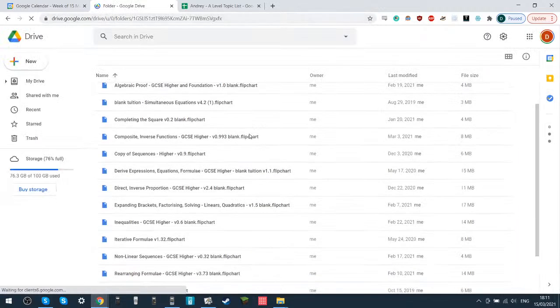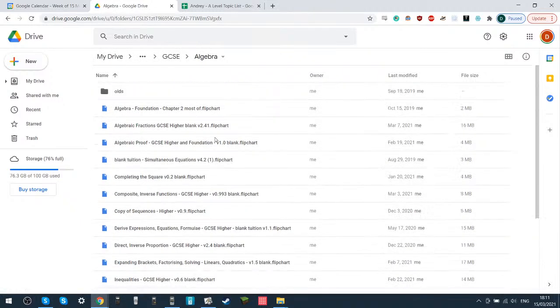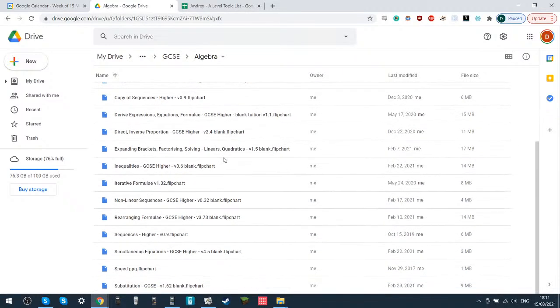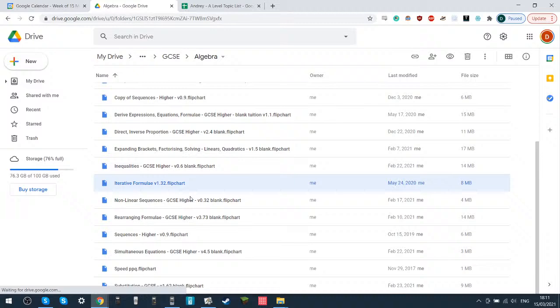So I made it all in the old Core 3, and then I had to teach these things in GCSE, but I cut them out. What is this called? Iterative formulae? Yeah, this is iterative formulae.